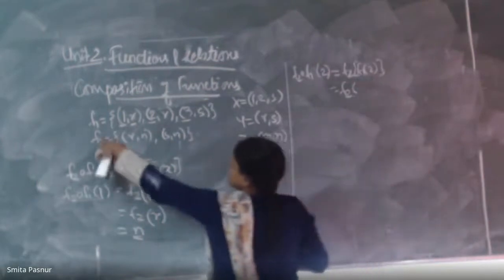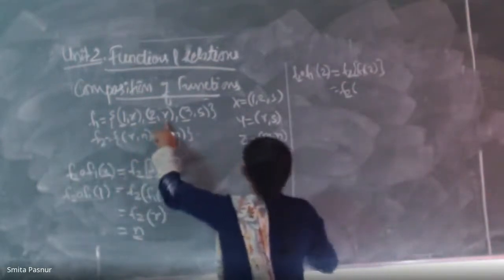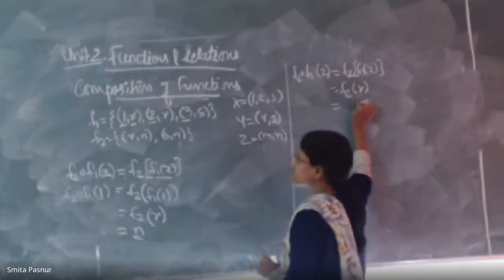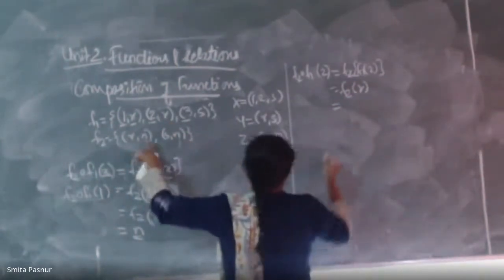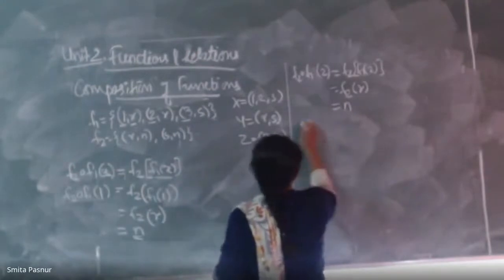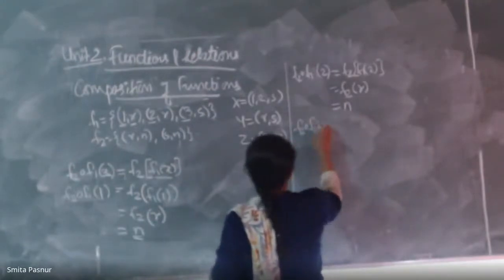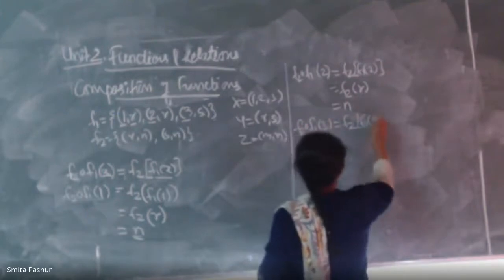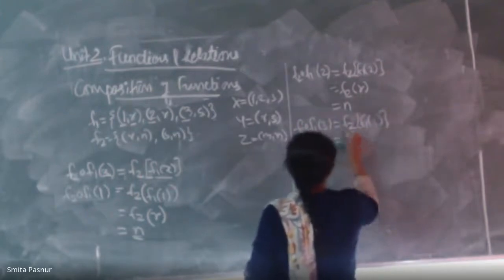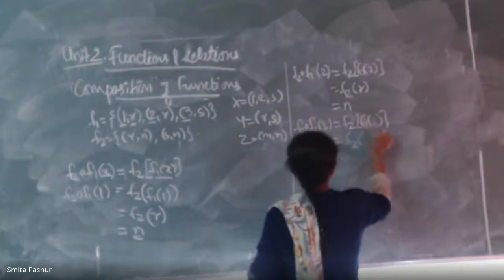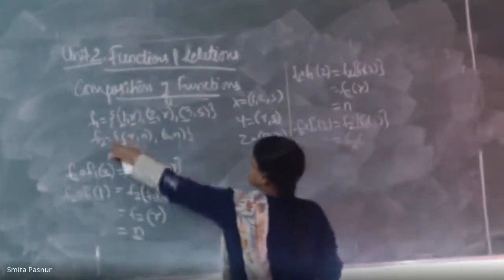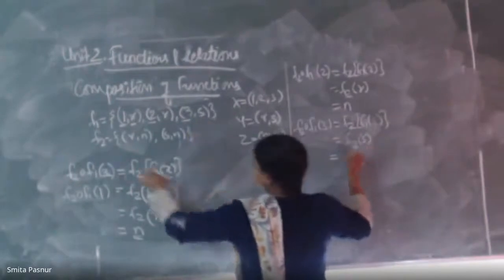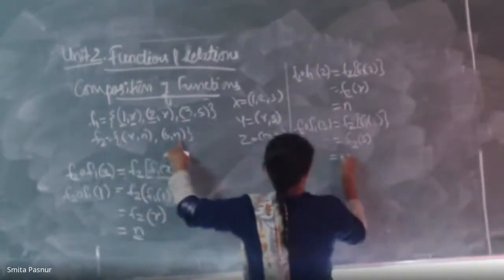F1 of 2 is R. So again F2 of R. What is F2 of R? F2 of R is N. Then next one, F2 composition F1 of 3, F2 of F1 of 3. What is F1 of 3? It is S. F2 of S is N.